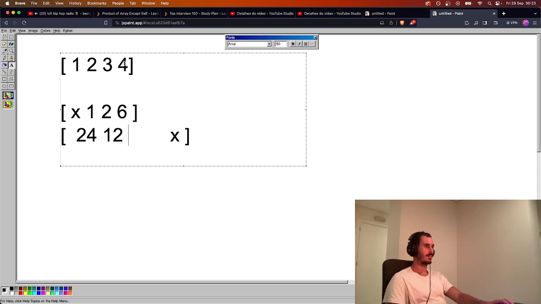And then 4, because it's 4 times itself. And then we have x. So I'm even going to put some commas and clearly separate the values so we understand what we're talking about.